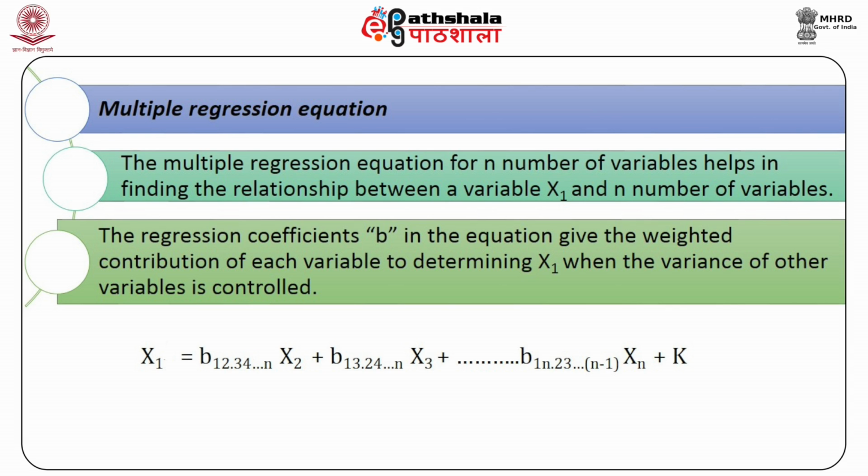The regression coefficients b in the equation give the weighted contribution of each variable to determining x1 when the variance of other variables is controlled. x1 is equal to b 12.34 till n into x2 plus b 13.24 till n into x3 plus, and this goes on till the last variable, which is b 1n.23 till n minus 1 into xn plus k.